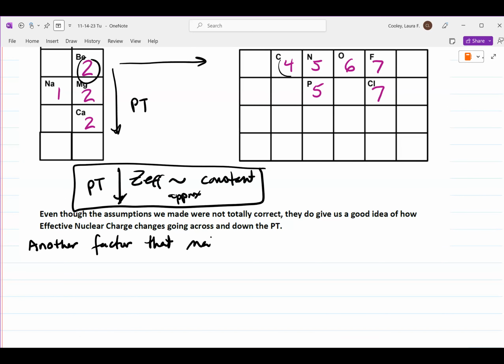That's pretty simple to understand, because as you go across the periodic table, you're filling the same shell, more or less. So as you go across the periodic table, n is approximately constant.